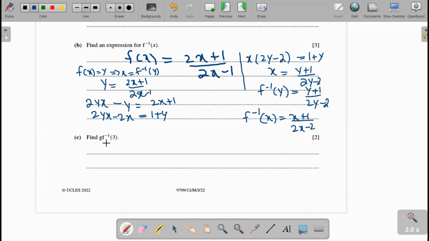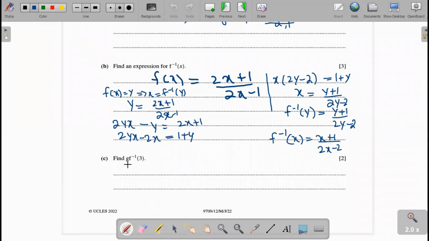Now the part C, find gf of minus 3. We already know g of x is given above as x squared plus 4. Now firstly we find f inverse of 3, then g of f inverse of 3. Now f inverse of x is x plus 1 over 2x minus 2. We put the value in this equation.